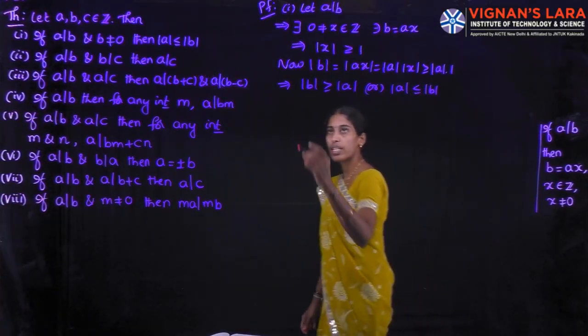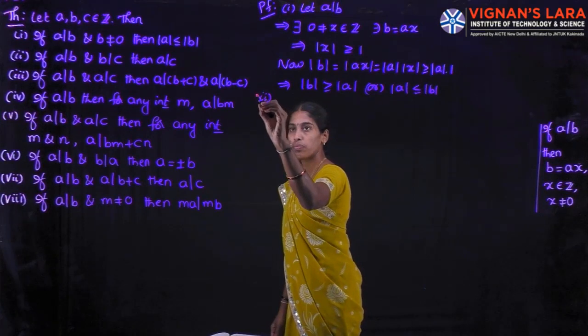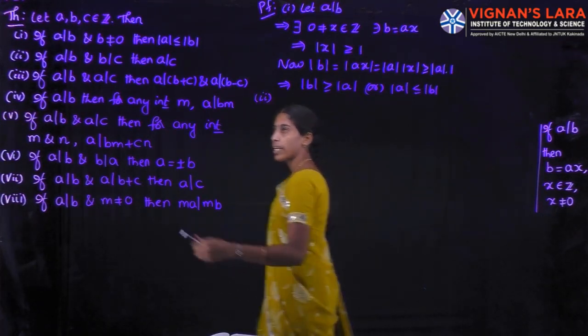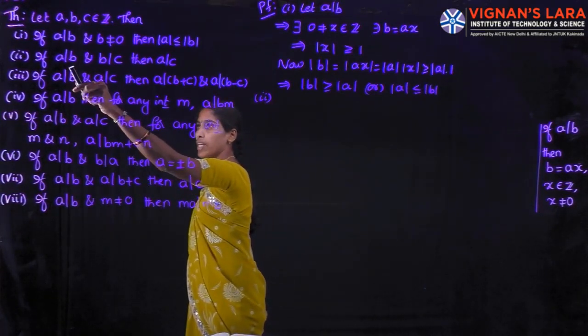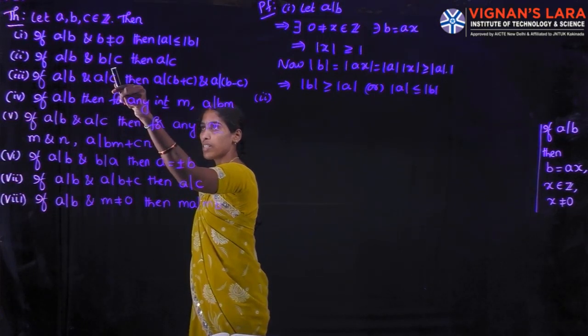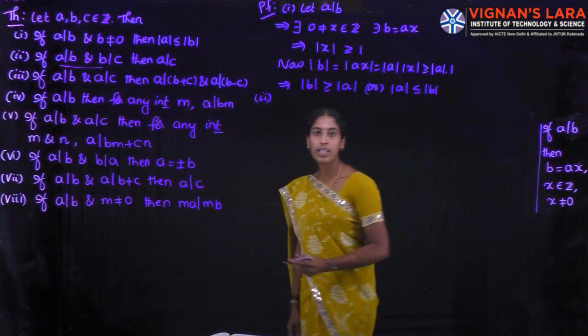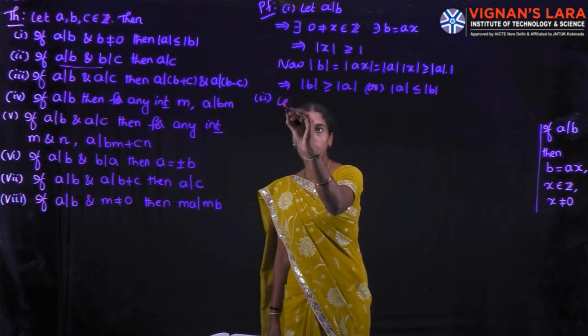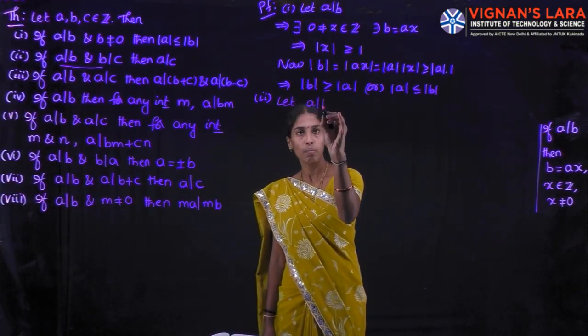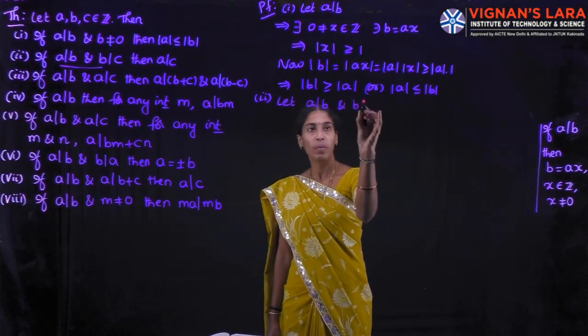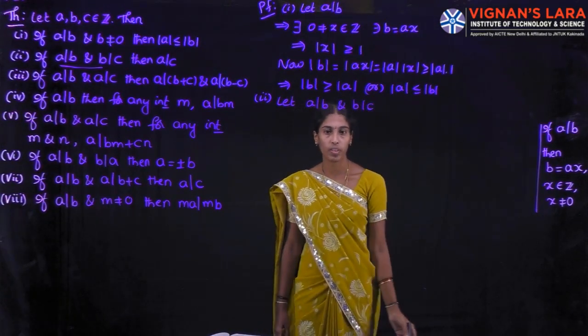Now coming to the second one. What is the second one's assumption? A divides B and B divides C. This is the assumption part. We need to prove that A divides C. So let A divides B and B divides C, right?